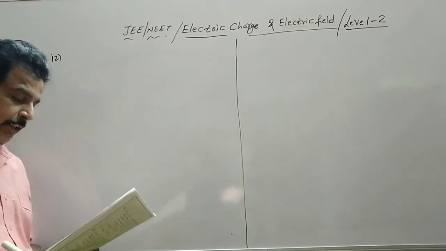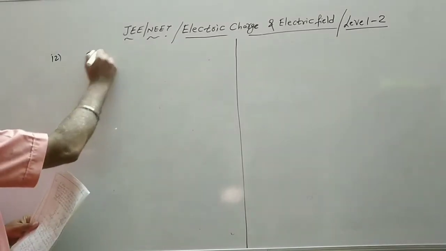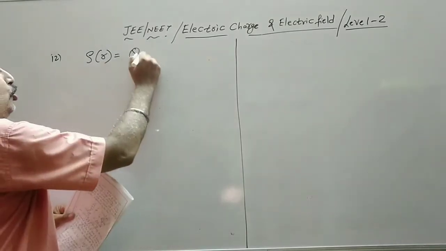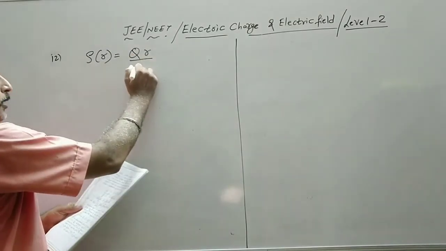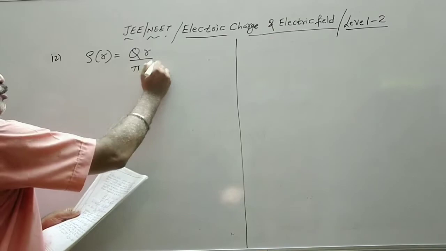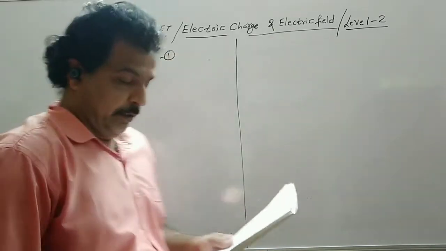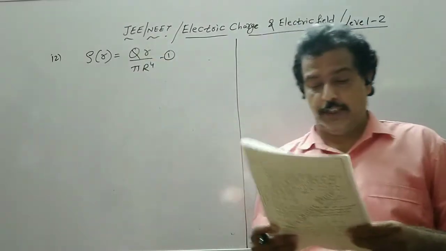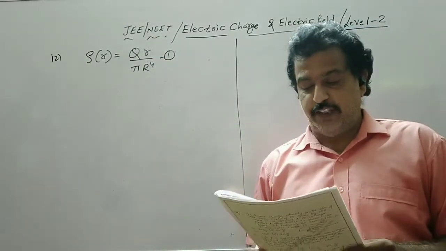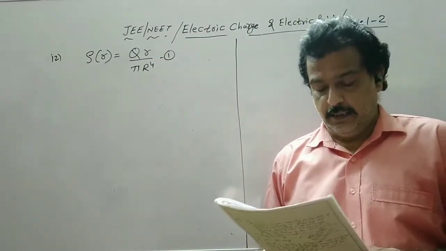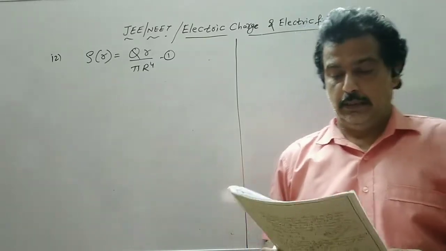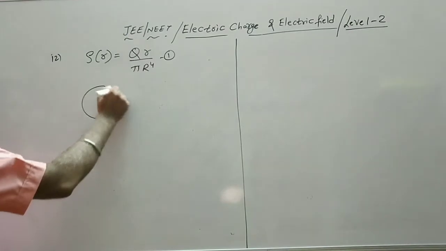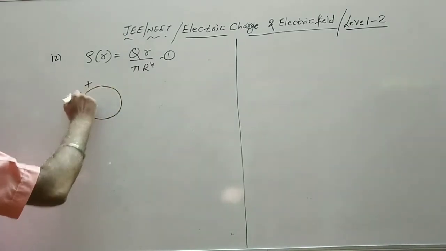It is given that rho of r is equal to QR upon pi R raised to 4, the charge density distribution. So it is a volume charge density for a solid sphere of radius R and the total charge Q. So this is the density given for a solid sphere.